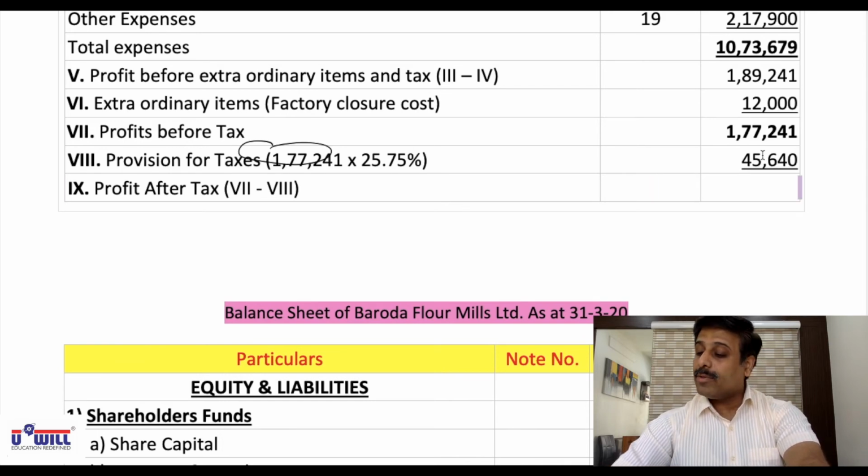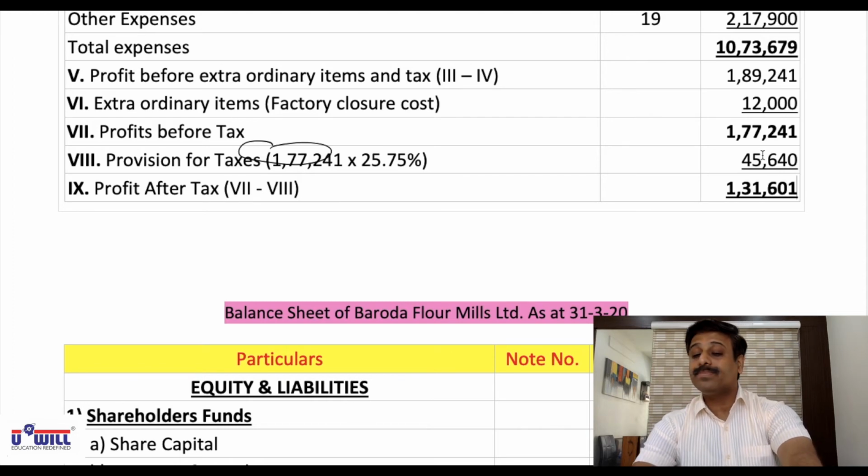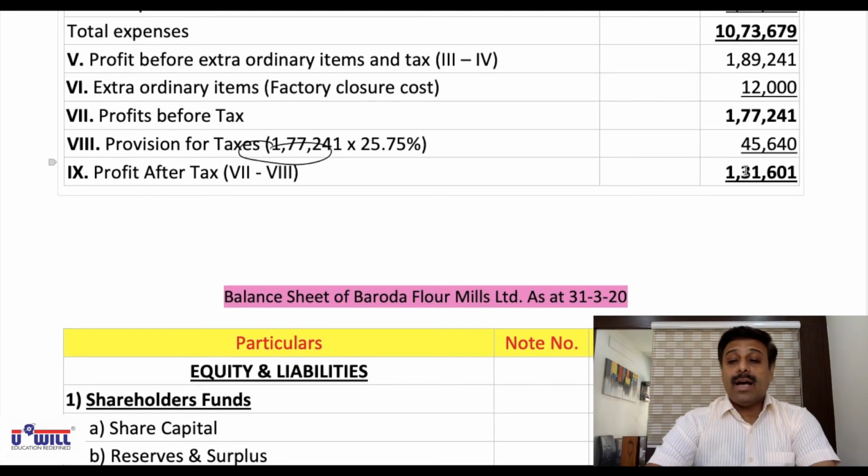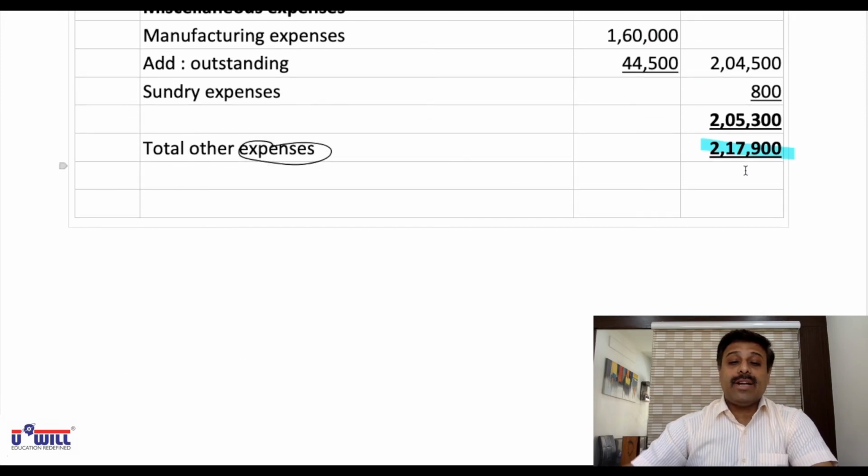If you minus that, profit after tax will be 1,31,601. Now we will make the workings of statement of retained earnings.